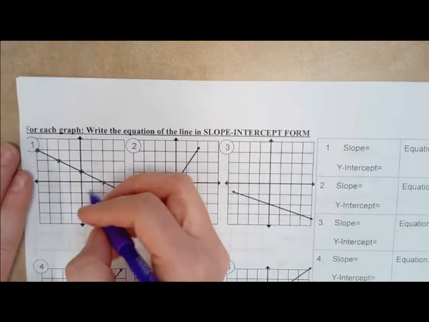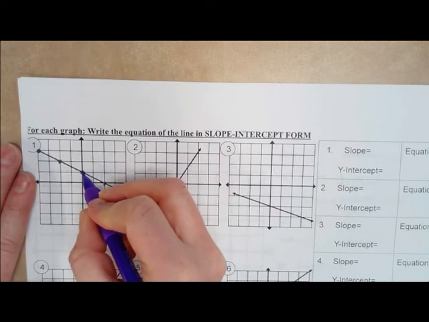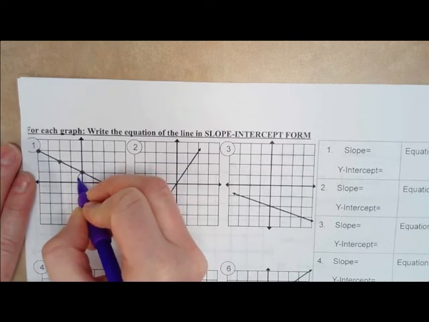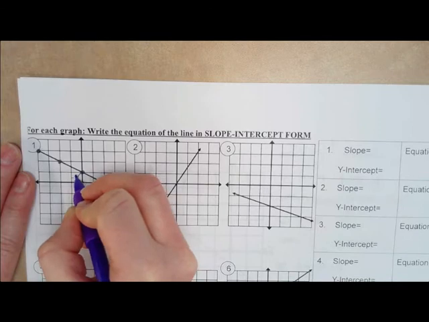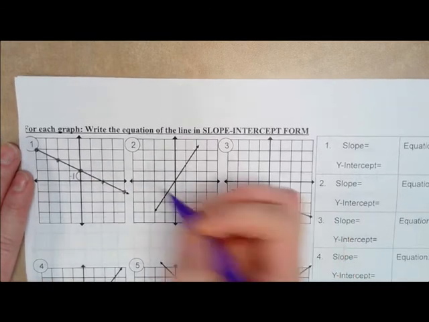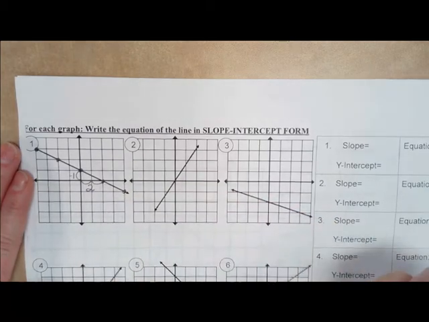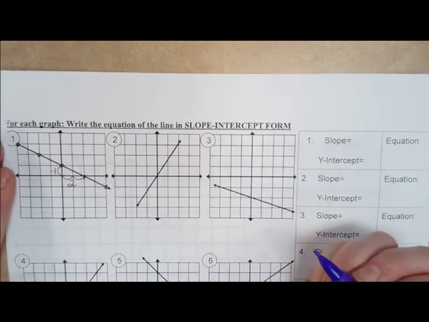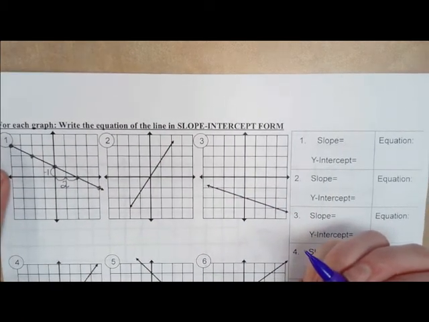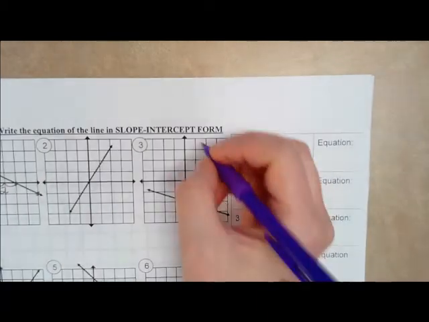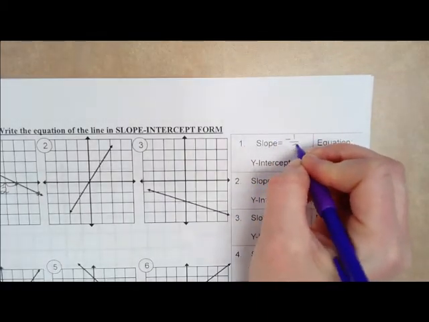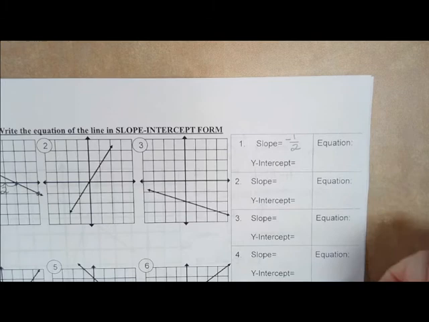So I'm going to do rise over run. So start at the one on the left. So rise is actually going to be down 1. And run 2. So then our slope is -1 over 2, or -1/2.